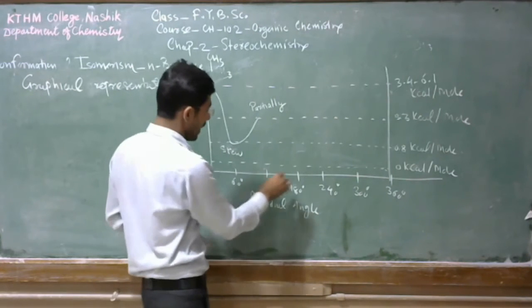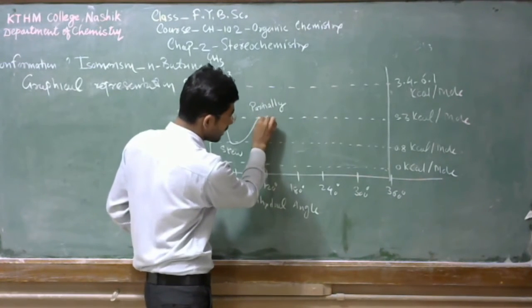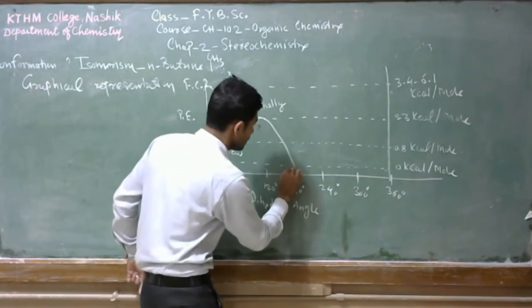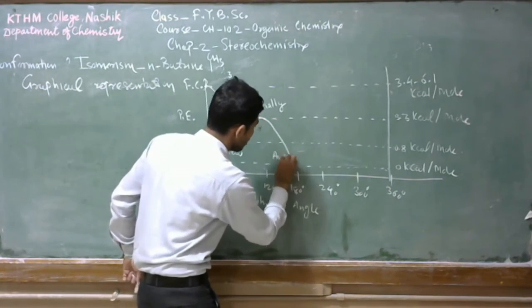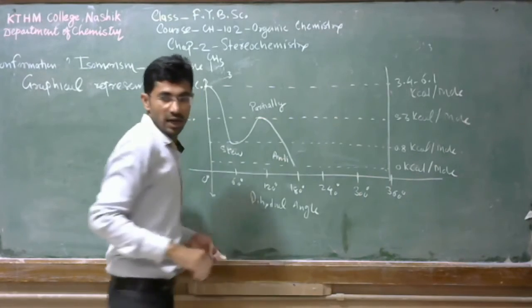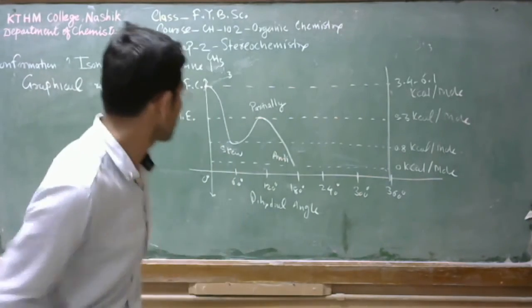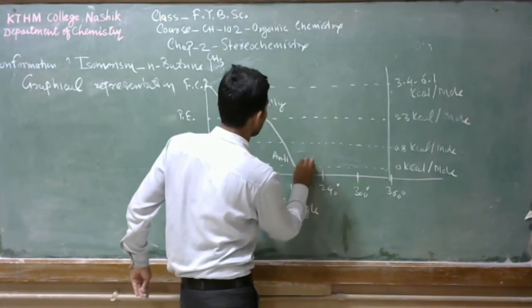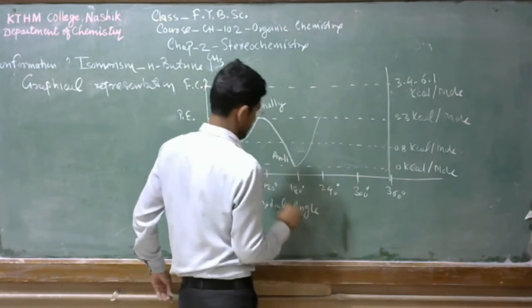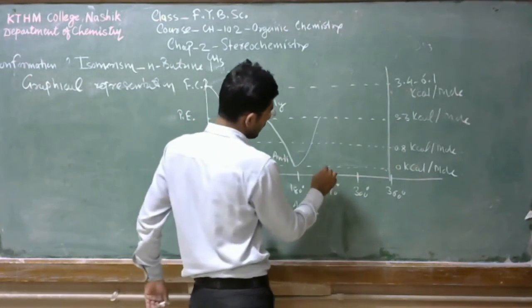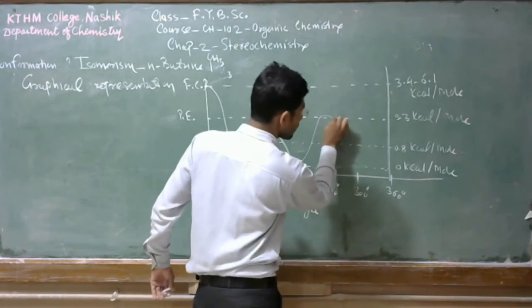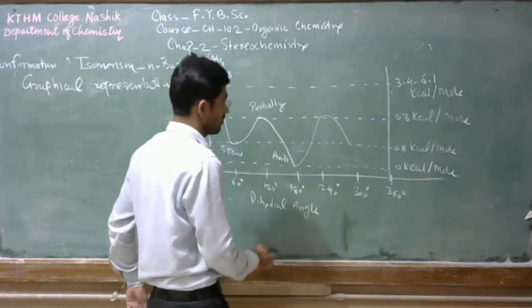Okay. Then angle 180, that is 0. This is the most stable conformation, that is the anti or stagger conformation. Angle 240, again partial eclipse conformation. Angle 300, again we observe the skew or gauche conformation.